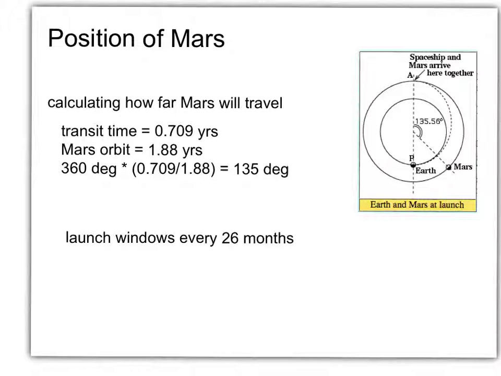Probably not slingshotting around the moon. I mean, this is the minimum energy trajectory. If we're willing to invest more energy, we can follow an orbital trajectory that is not quite this perfect Keplerian orbit between Earth orbit and Mars orbit.